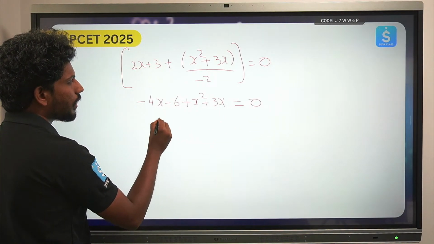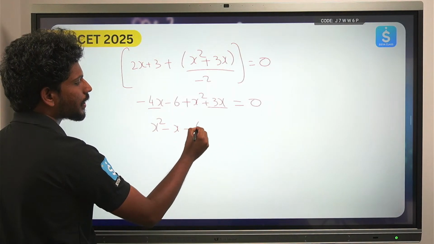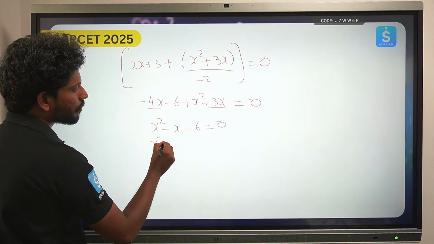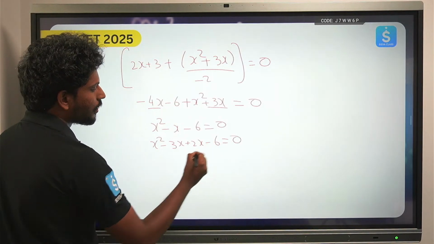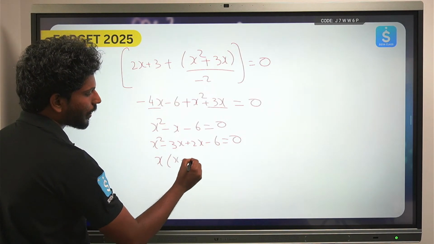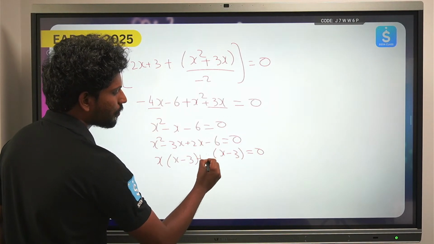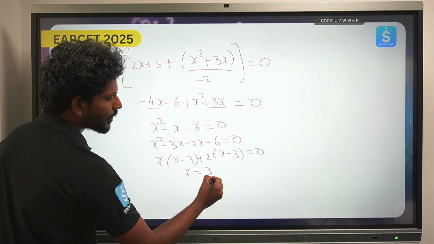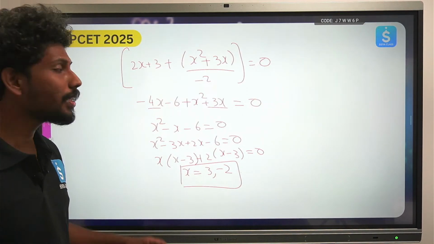So this will become x square minus 4x plus 3x, that will be minus x minus 6 is equals to 0. So this can be written as minus 3x plus 2x minus 6 equals to 0. So this will become x into x minus 3 into x minus 3 plus 2. So I will have x equals to 3 comma minus 2. So this is the final answer I got, x equals to 3 comma minus 2.